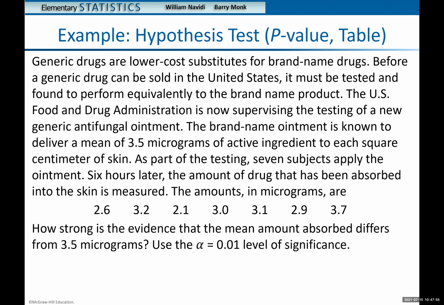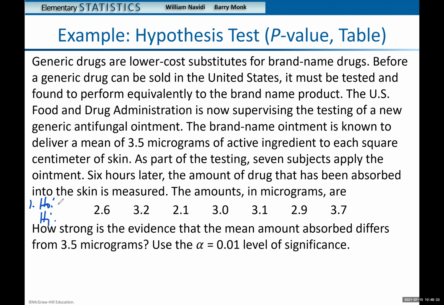Okay, so let's start with the first step. What is the first step? Name hypothesis. So you have to name H0 and H1. You always get it from the question. So this is the question: how strong is evidence of the mean?